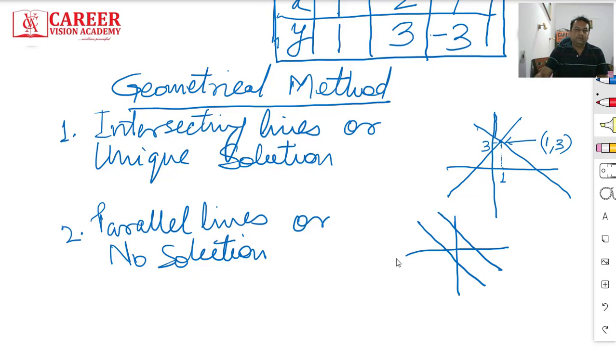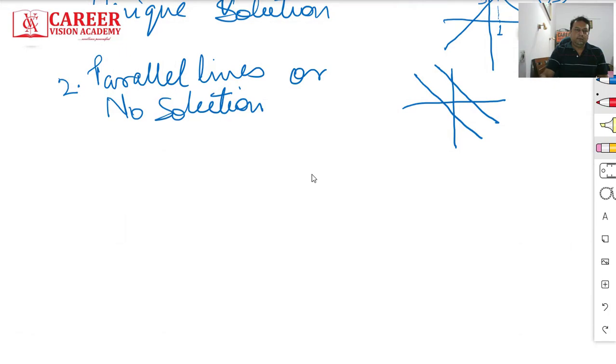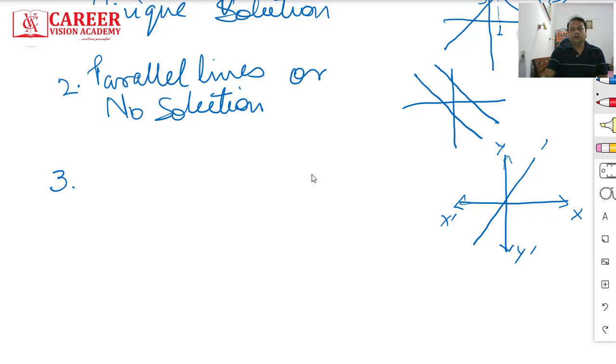And the third case is: this is y, this is y dash, x dash. Now with one equation I get this line, and with the other equation I get another line. That means these two lines are coincident, or they overlap each other.